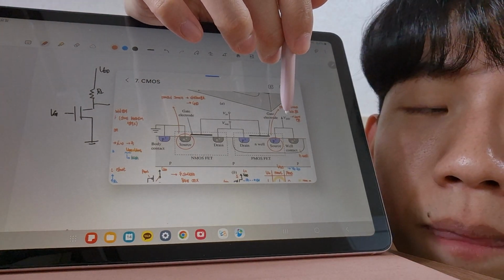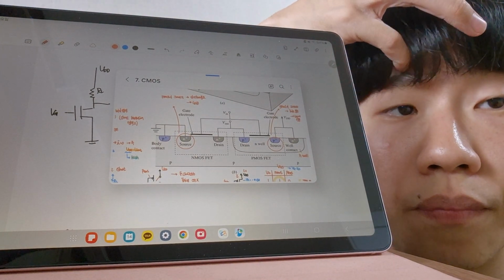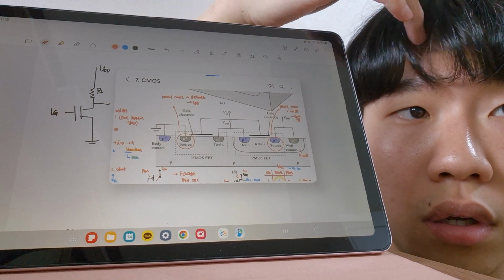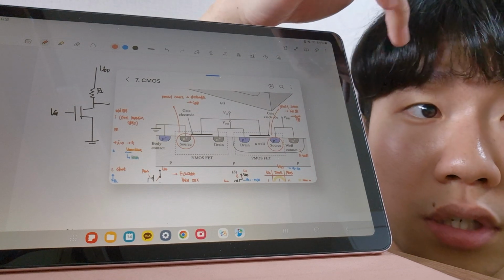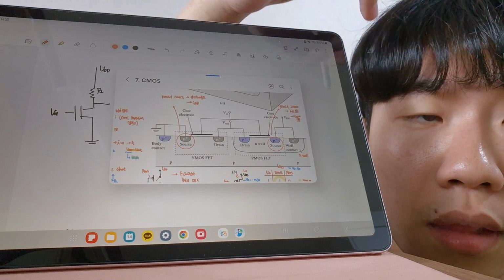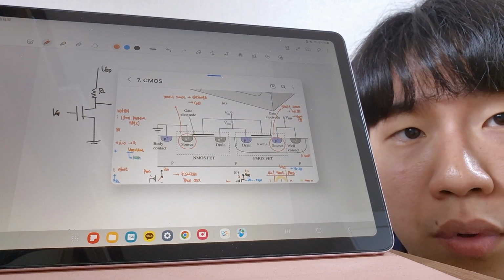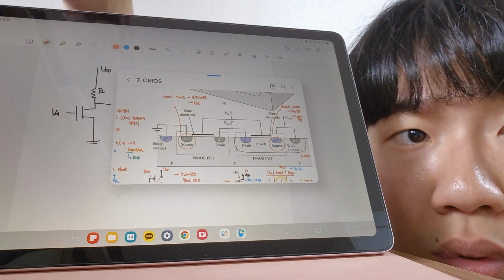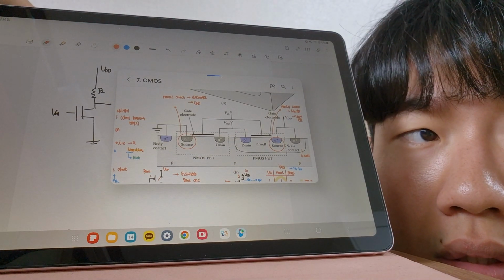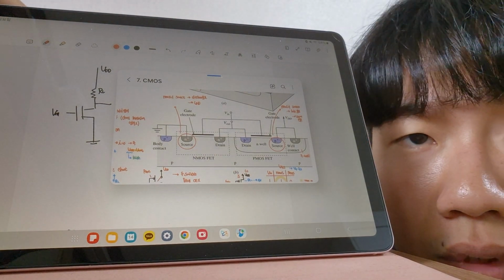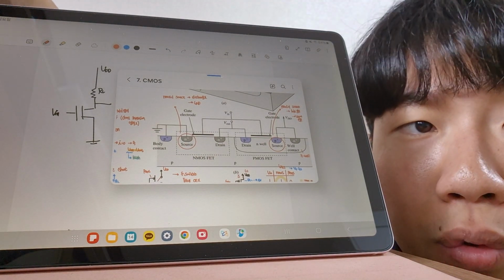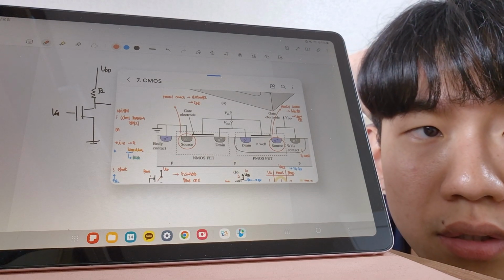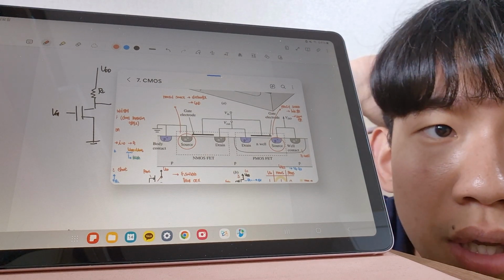So in PMOS, we apply a plus voltage, because the PMOS source needs some holes, so we apply a plus bias to this source.